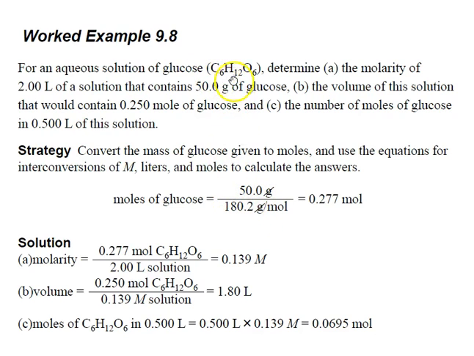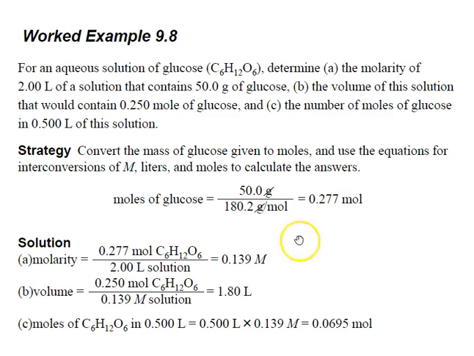That would be 6 carbons, 12 hydrogens, and 6 oxygens. You take the atomic weight of carbon times 6, hydrogen times 12, oxygen times 6, and add all that together. You should get something like 180.2. The grams cancel, and it leaves us with moles. So we have 0.277 moles of glucose from this mass.